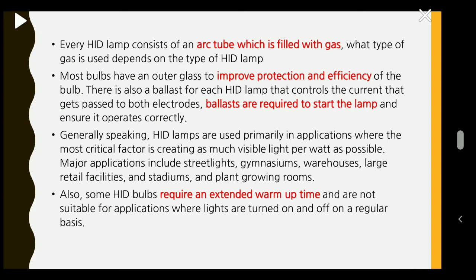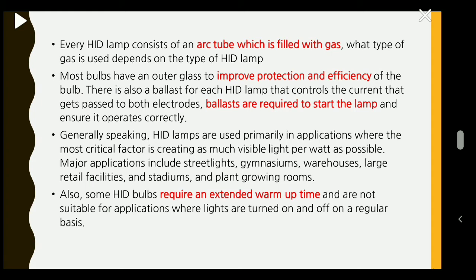Every HID lamp consists of an arc tube which is filled with gas. What type of gas is used depends on the type of HID lamp. For example, metal halide lamp can contain a starting gas such as argon, mercury, and metal salts, while a high pressure sodium lamp can contain a xenon gas, mercury, and sodium.